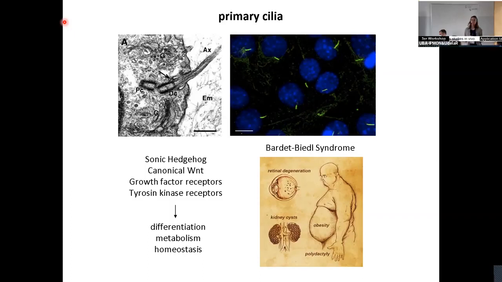One of the manifestations of this syndrome is obesity. We think that if we study how obesity develops in these syndromes, we can also give some information on non-syndromic obesity, such as common obesity and the complications that may arise from it.